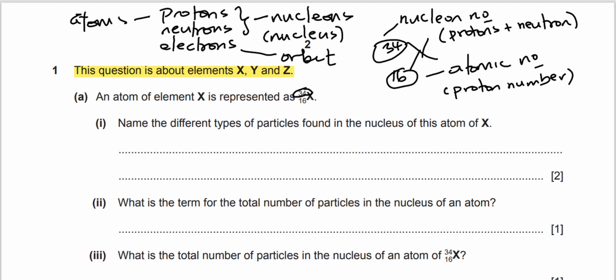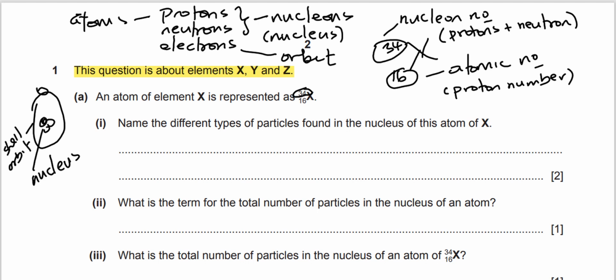Why? Because they are found in the nucleus of the atom, while the electrons revolve in orbits round the nucleus. In other words, if we draw this as an atom, this will be the nucleus of the atom, while this will be the shell or orbit.